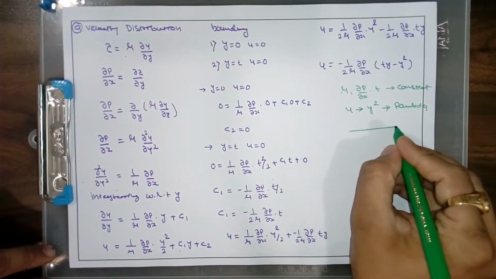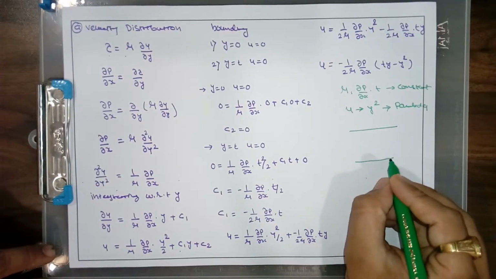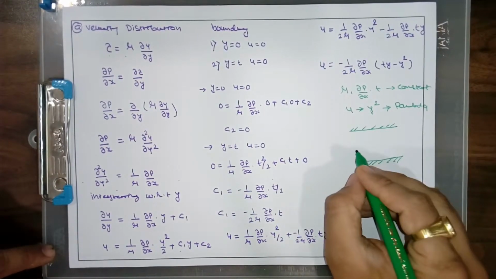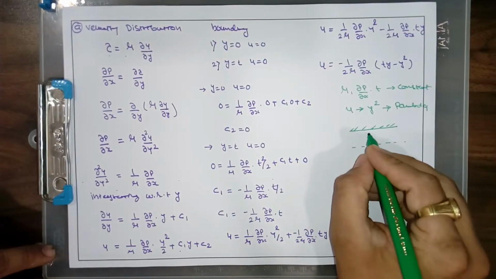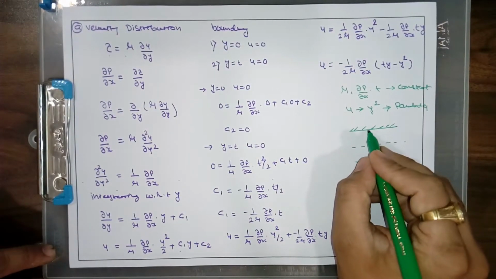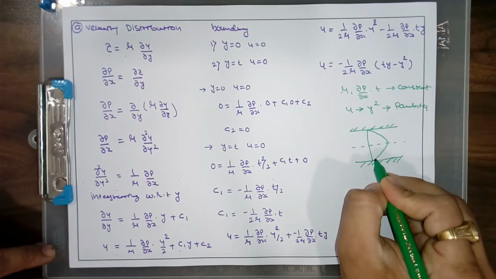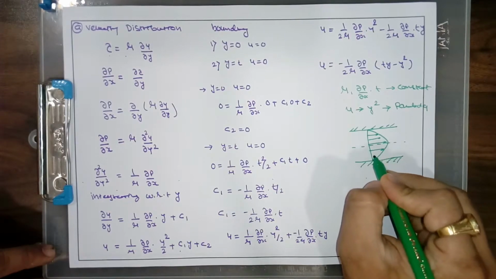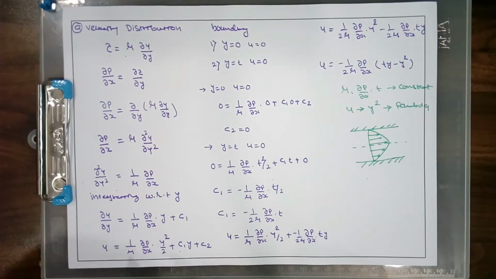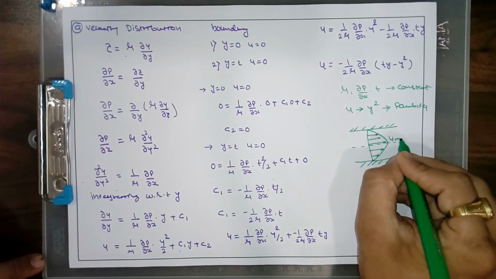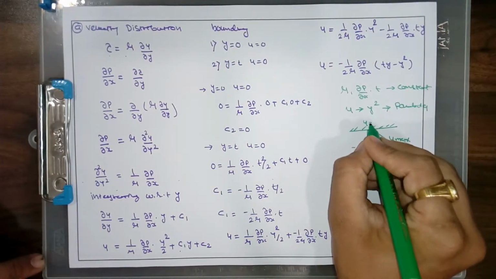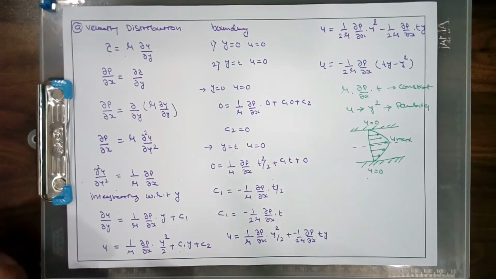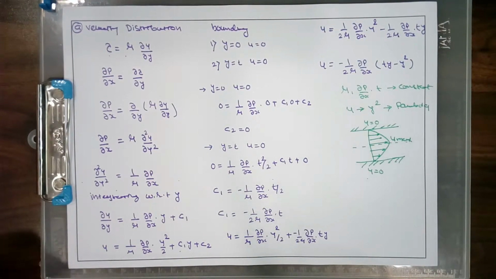If we plot this velocity distribution between these two fixed parallel plates, then at the center, meaning t by 2, we get the maximum velocity and zero velocity at the fixed plates. So this is the velocity distribution profile between these two fixed parallel plates. Here it is u max and here it is u equals 0. So this kind of parabolic profile we get for velocity distribution.